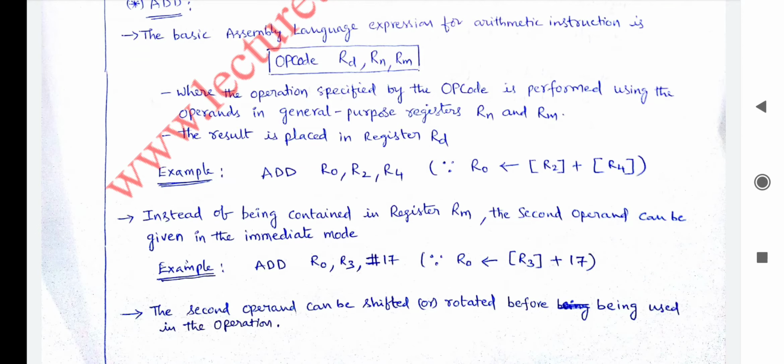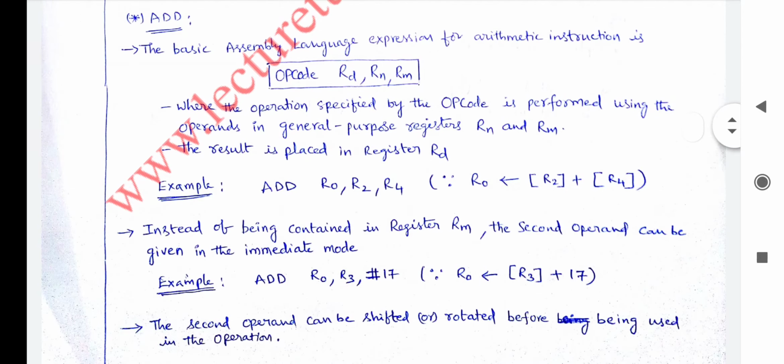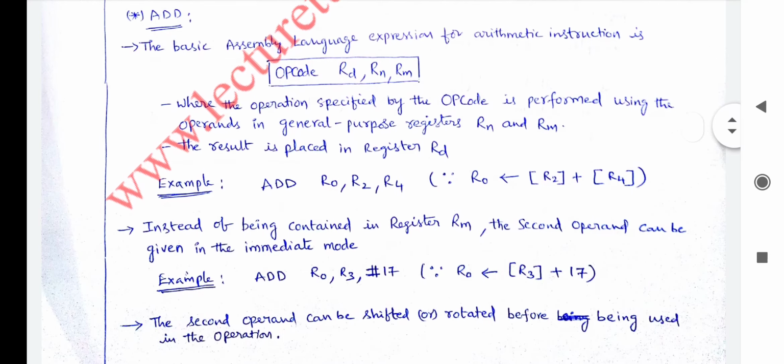The meaning of this instruction is, you see in brackets, R0 goes to R2 plus R4, which means you have to add the content of the register R4 and register R2 and store the result in R0.